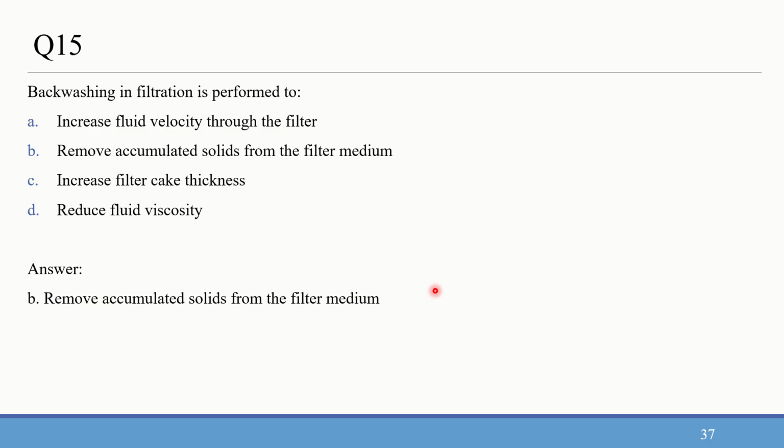Why do we do it? We do it to restore the filter's efficiency and permeability, and to prevent the accumulation of solids in the filter medium. So the answer is option B.